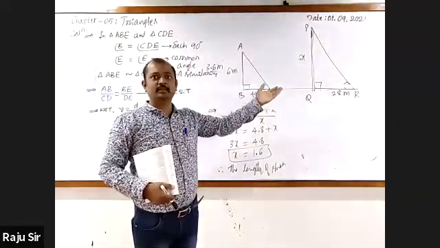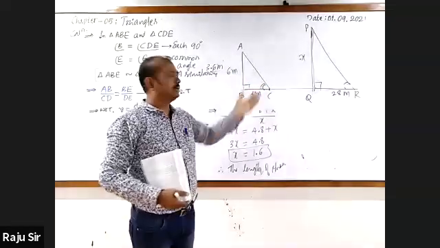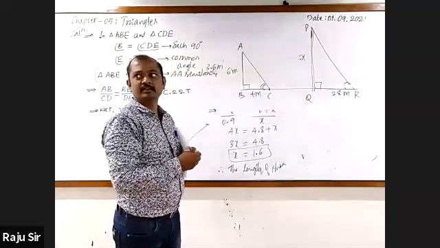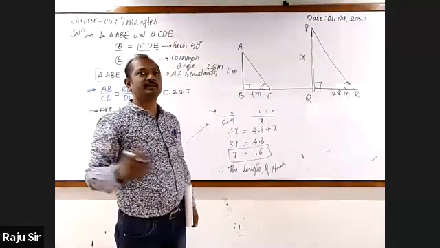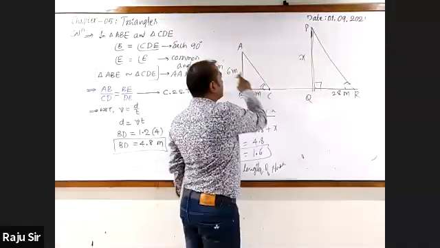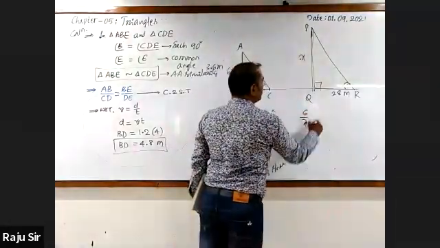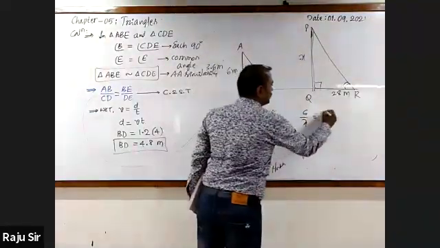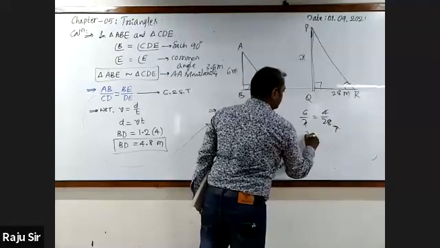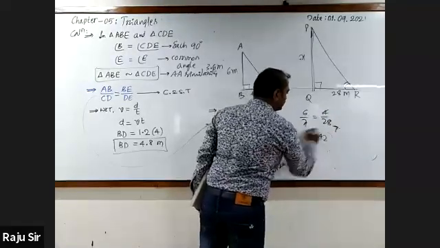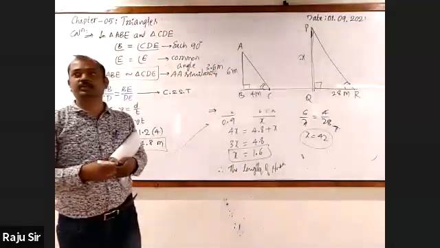AA similarity. According to AA similarity, both the triangles are similar. When the triangles are similar, their corresponding sides will be in the same ratio. Then corresponding sides: 6 by x is equal to 4 by 28. The height of the tower is 42 meters.